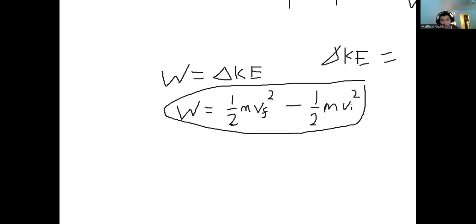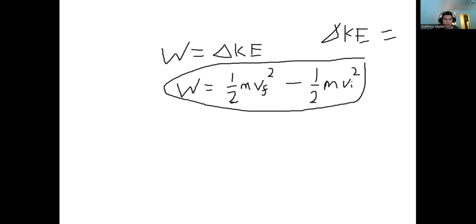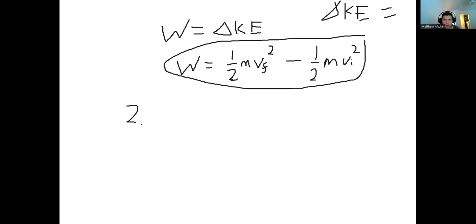There's a couple problems here. We'll start with number 2. Number 2 says how much work is done by the brakes of a 100 kilogram scooter as it slows from 18 meters per second to a stop, right?